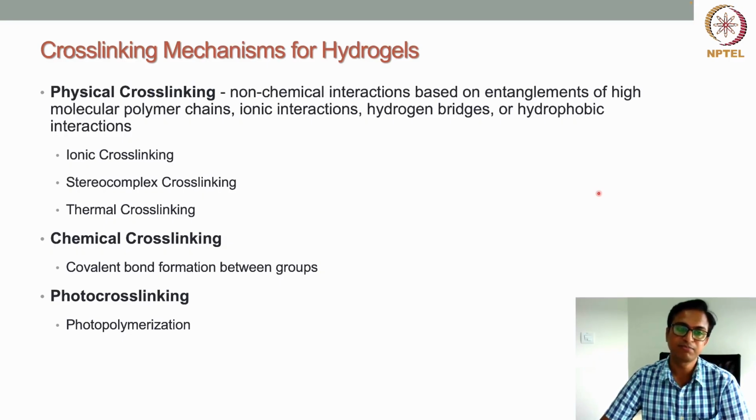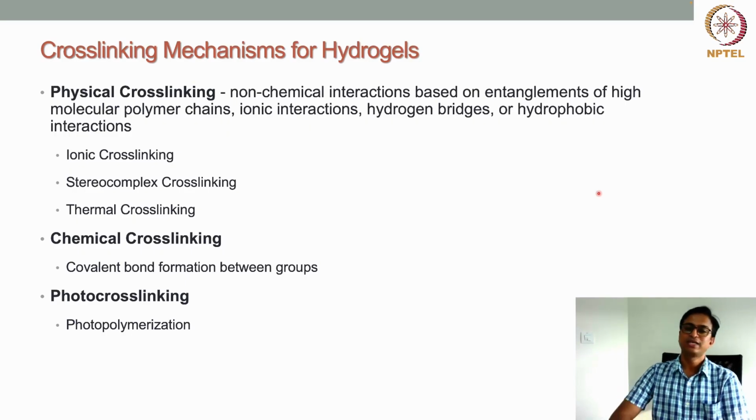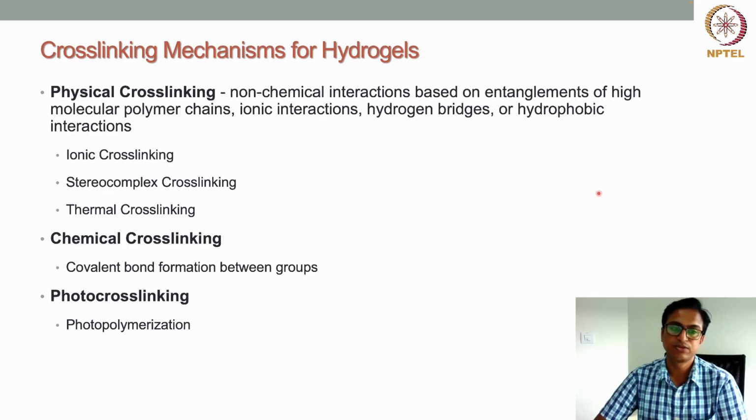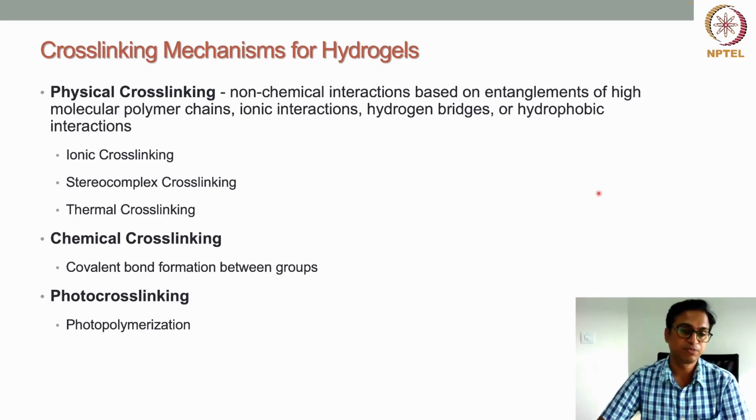Because of the self-assembly nature, that induces physical cross-linking, and due to that the collagen will become a gel. These are all different types of physical cross-linking that can be very well utilized for bioprinting. And if you look in the literature, you will find many examples of this thermal physical cross-linking.